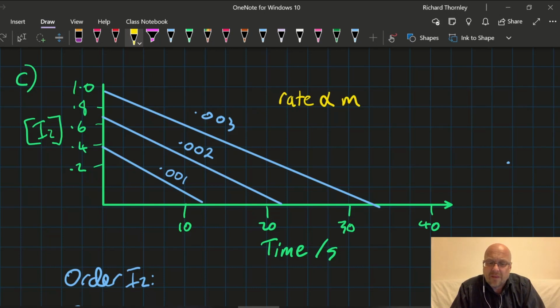Well, as you change the concentration of iodine, the reaction doesn't go any faster. It doesn't go any slower. The rate's the same. So the concentration of iodine has no effect on the rate of reaction because it's constant. The slope of the graph is constant, which must mean iodine has an order of reaction of 0. So iodine's going to have a 0 order.